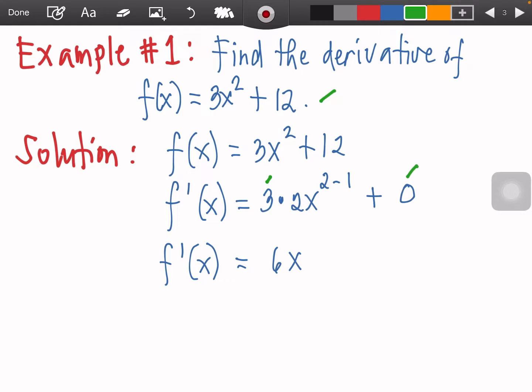So let's simplify our answer. We have 3 times 2 is 6. Then 2 minus 1 is equal to 1. You don't have to write 1. So the derivative is 6x.